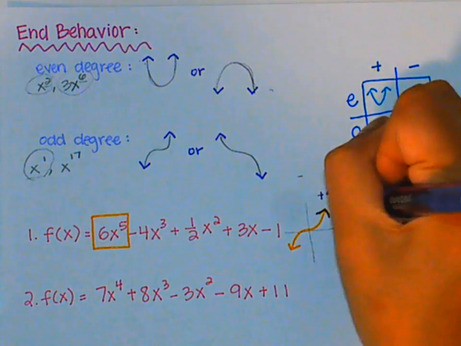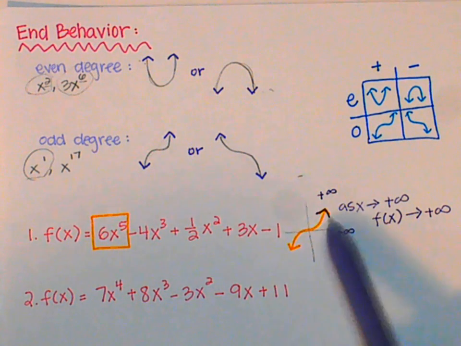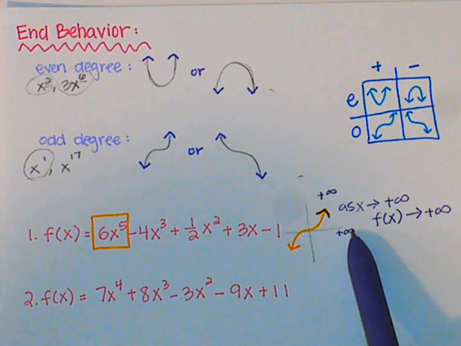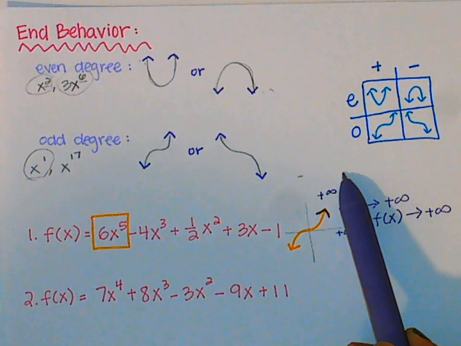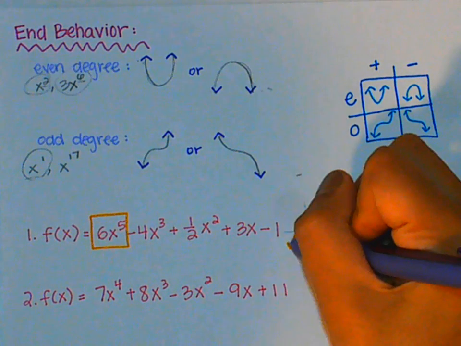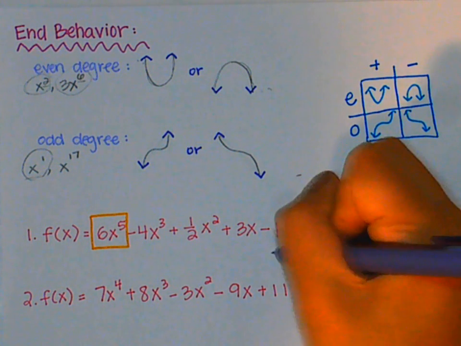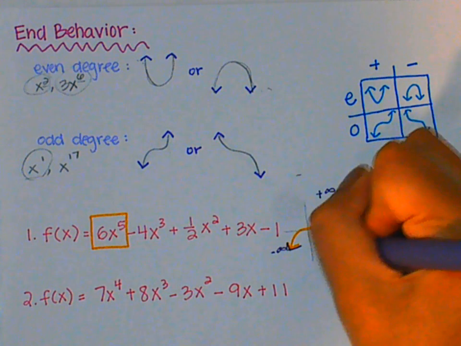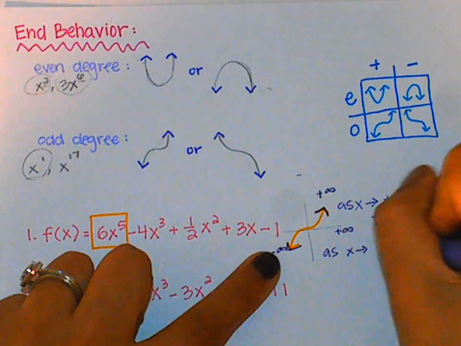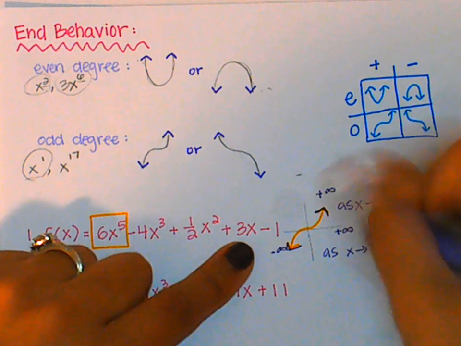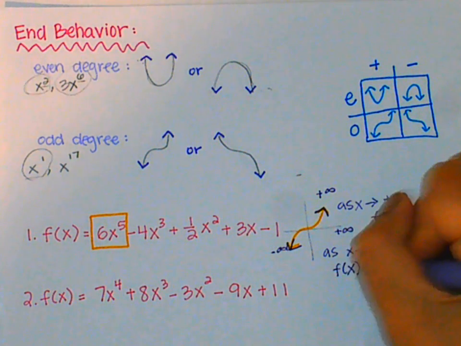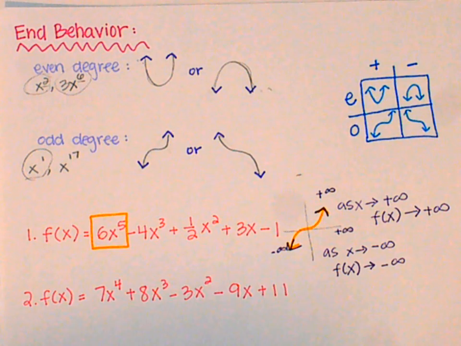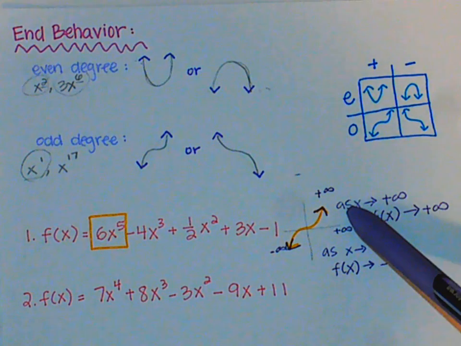So that means that as x approaches positive infinity on this side, my f of x, my equation, goes to positive infinity as well. Then I can do the same thing with this one here, because this is my negative infinity. So as my x approaches negative infinity, what happens to my actual graph? Well, that one also goes to negative infinity. I'm kind of telling the direction of it.